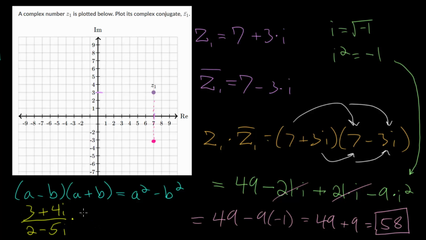So if we multiply the top and the bottom by the conjugate of this denominator, then in the denominator, we will end up with a real number, and in the numerator, we will just have some normal complex number. And then that complex number in the numerator will be divided by whatever the real number is in the denominator.